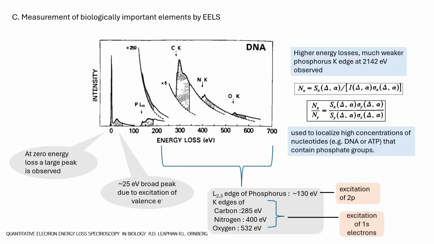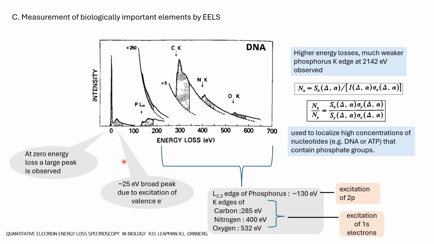EELS can be also used for the elemental information of biological molecules. So here we can see a sharp zero loss peak, and after that at around 25 electron volt energy loss, a peak is observed due to the plasmon.